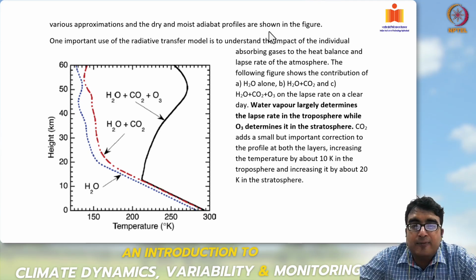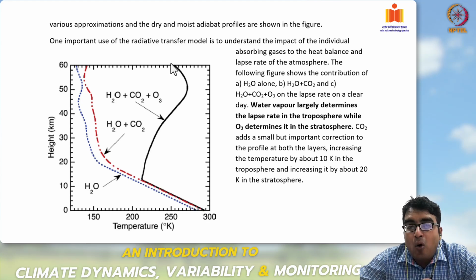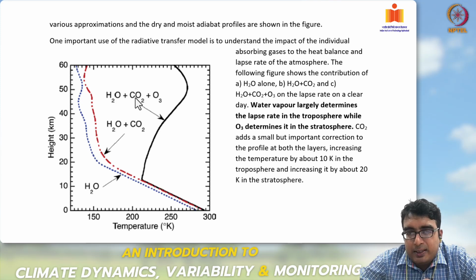So, here is the following figure of looking at the lapse rate for all the gases together, which includes water vapor, CO2 and ozone all together. The blue is the water vapor only, the red is water vapor plus CO2, and the black is water vapor, CO2 plus ozone.